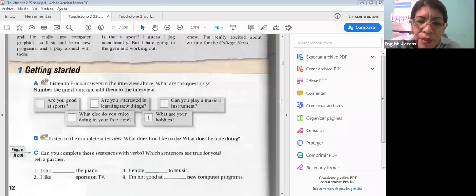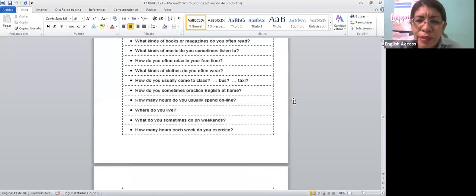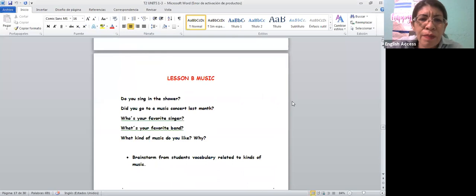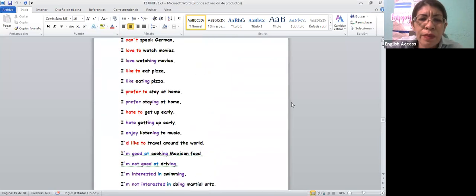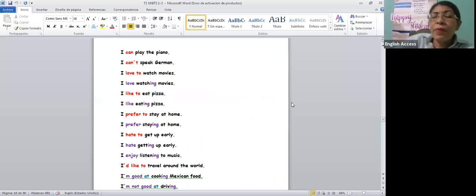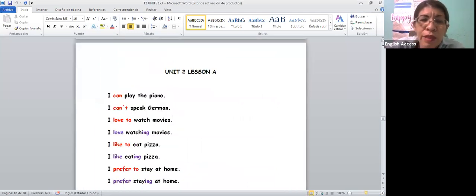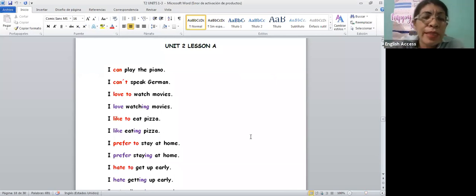So let's review once again. I remember that I showed you some exercises about this part. Do you remember that we saw this exercise last week? It's about the verb forms. The first two sentences were using can.